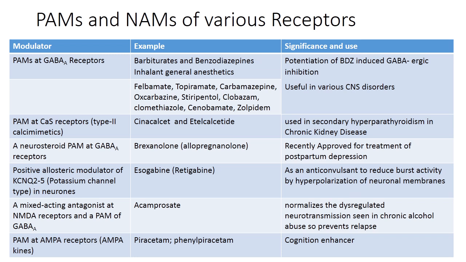Acamprosate is a well-known drug for the treatment of alcohol withdrawal and abuse, and it normalizes the dysregulated neurotransmitter, and therefore it is very helpful in preventing relapse. Recently, PAMs at AMPA receptors, which are a type of glutamatergic receptors, are known as ampakines. Many new ampakines are being developed, but piracetam and phenylpiracetam, known cognitive enhancers, are now considered PAM regulators at the AMPA receptor level.